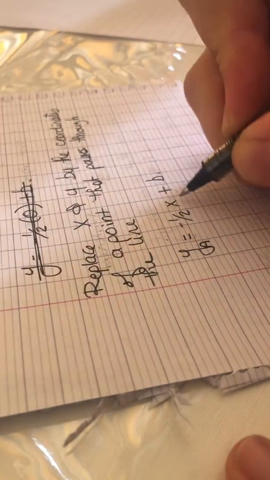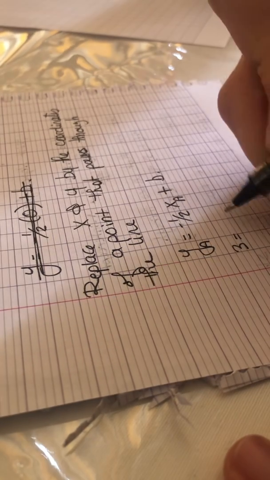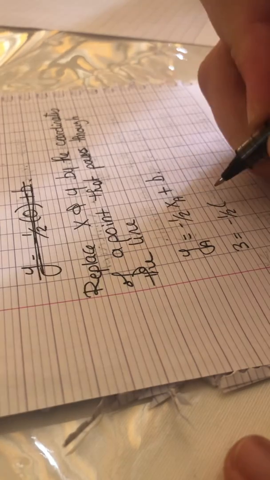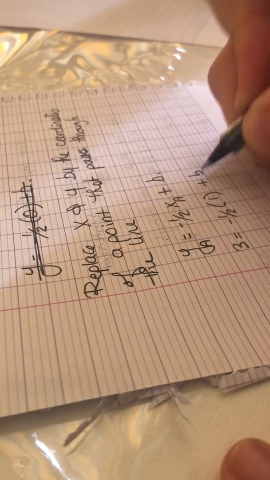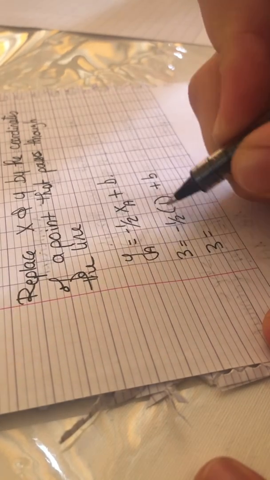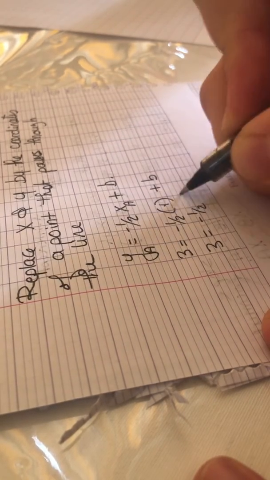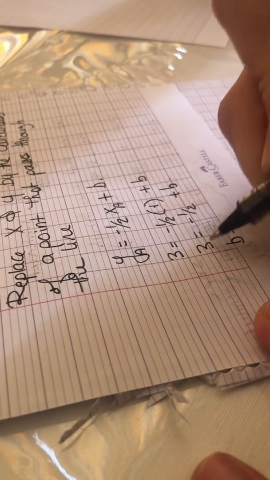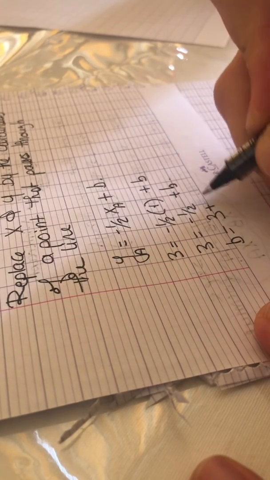Let's say I want to replace x and y by the coordinates of A. So this will become y of A, which is 3, equal to negative half x of A, which is 1, plus b. So 3 equal to negative half times 1, which is negative half, plus b. We move the negative half here. We're going to have b equal to 3 plus half.